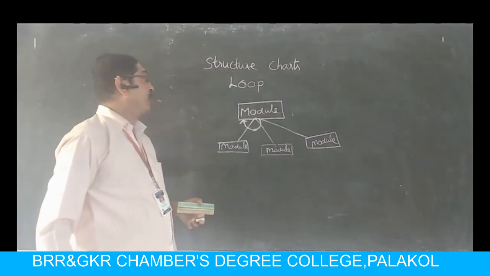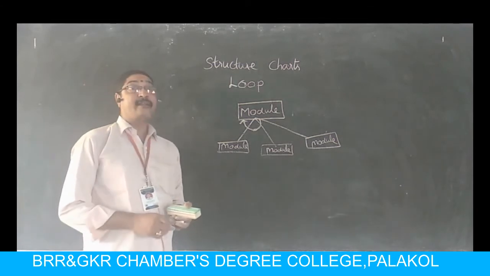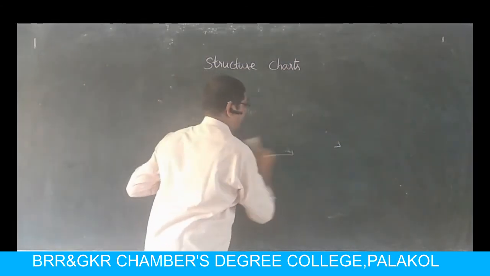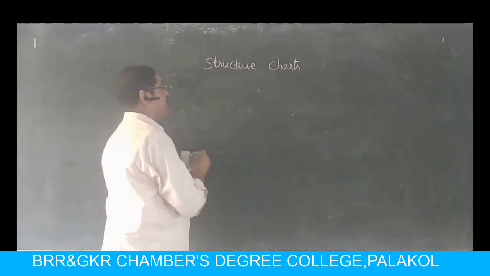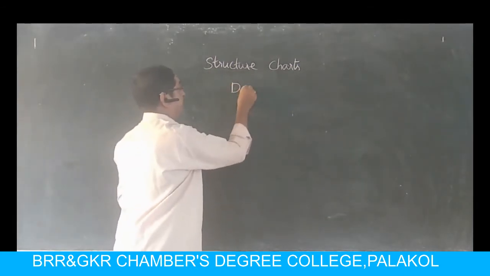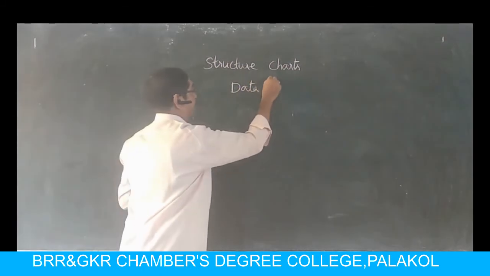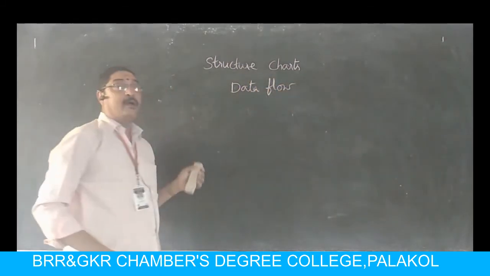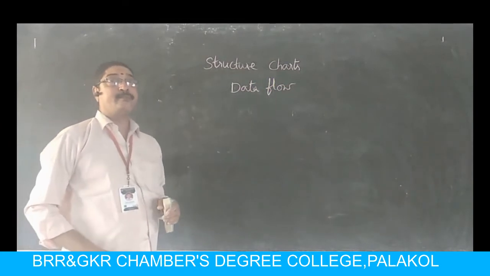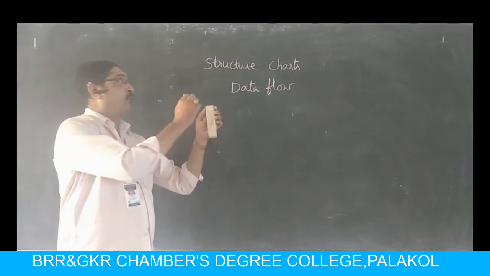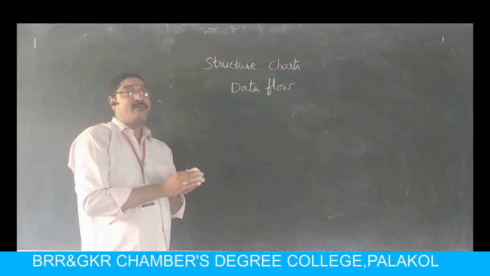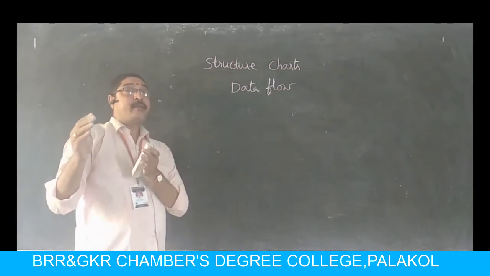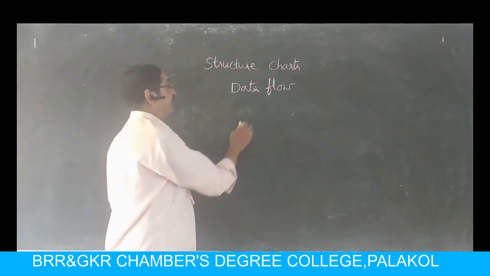And one more concept that we have to discuss is data flow. How will data flow be represented? In this structure chart, data flow, that means from where data flows to where, can be represented using arrows.